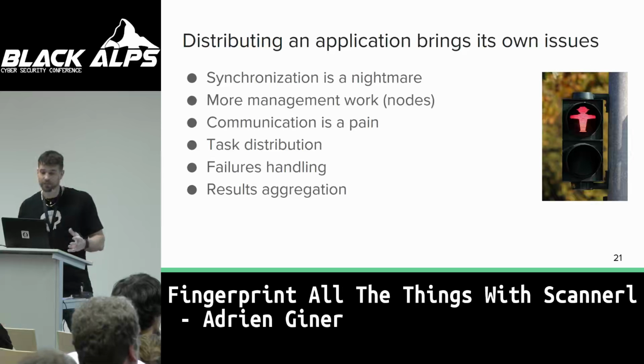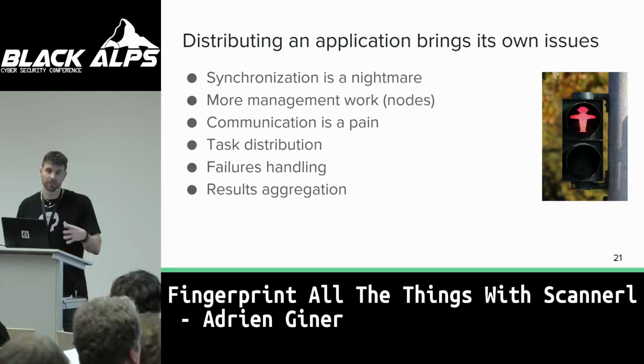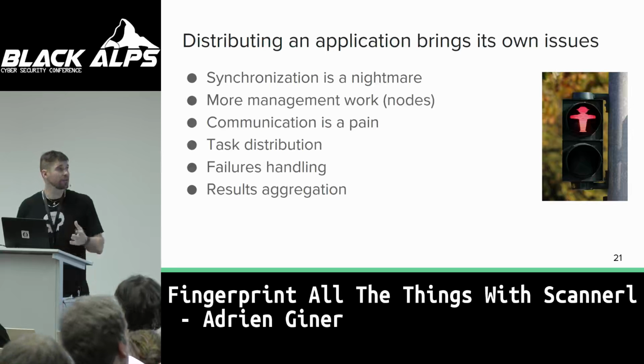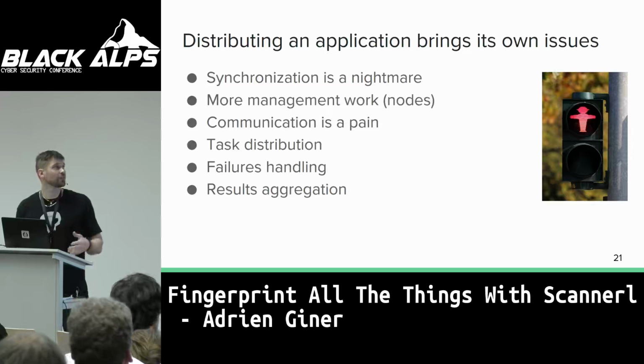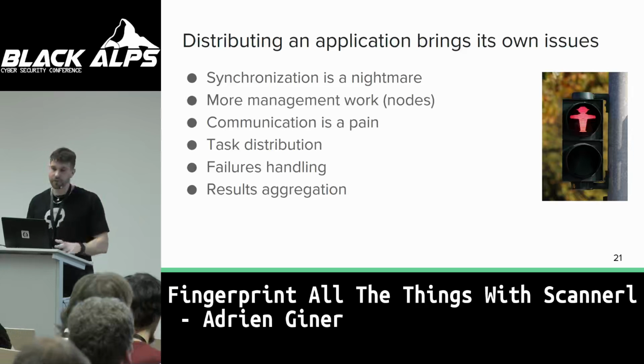But distributing an application, so with minions, with VMs, also brings its own issues. If you've ever played with multi-threaded applications and locks and mutex and so on, and you apply that to distributed applications, then you know it's a big mess and a nightmare. Also, how do you handle the communication between all those little minions?